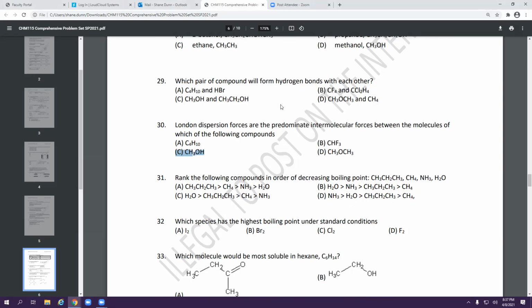So this guy is polar. It has an OH on it, right? So it has hydrogen bonding, correct? Polar. What's going on here? Hydrogen bonding, polar. What's going on here? It's got a little hydrogen bonding, or you've got oxygen there, right? So it's a little bit polar. A has nothing. It's just carbon, hydrogen, non-polar.